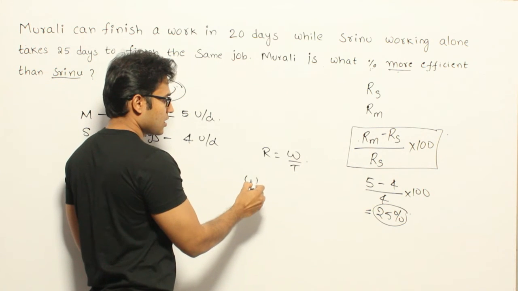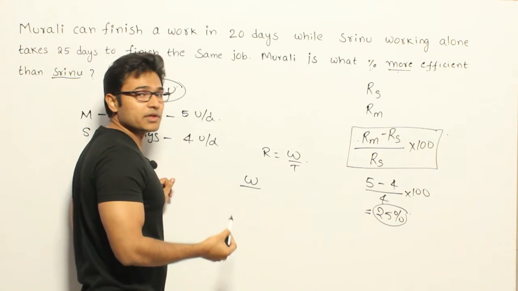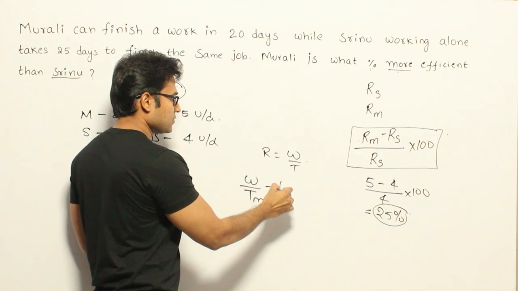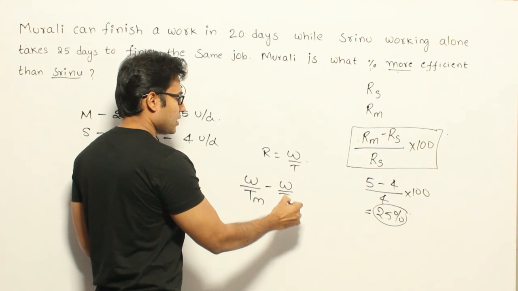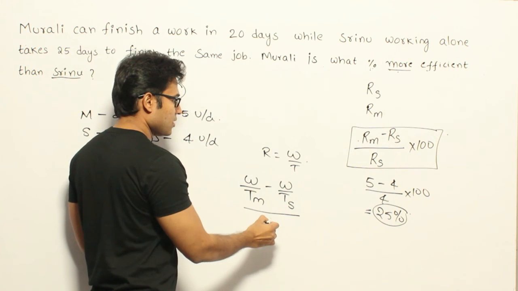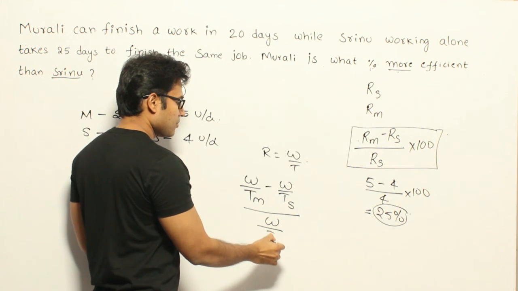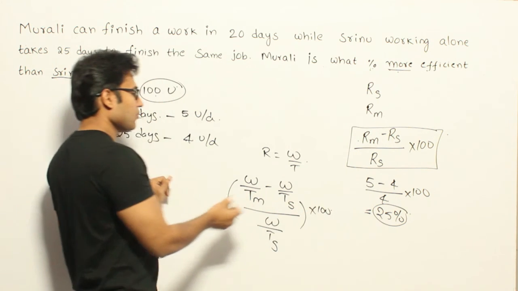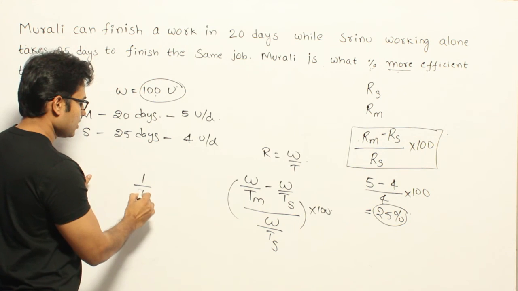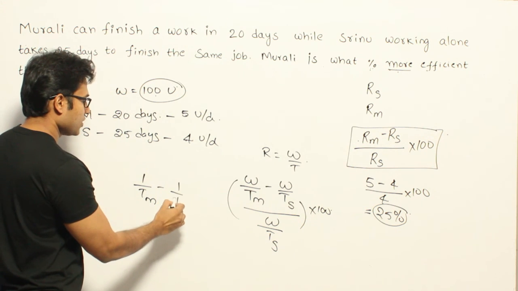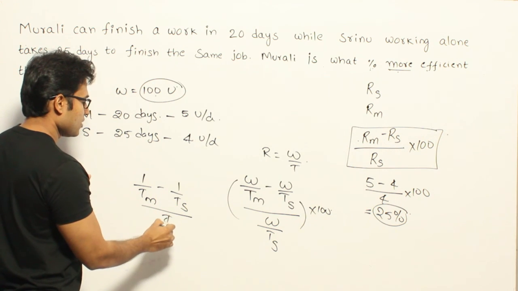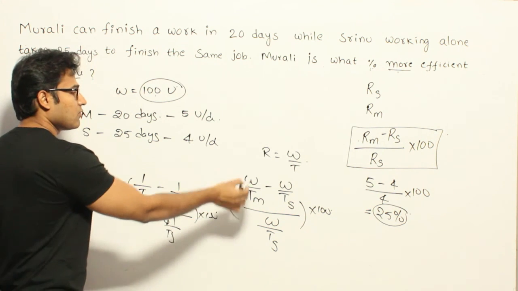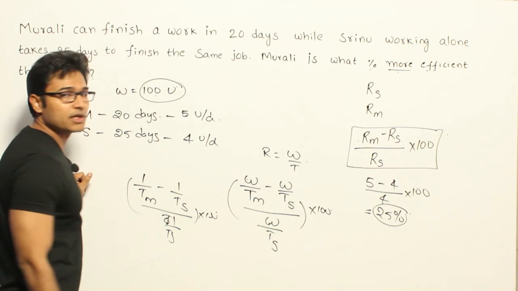So work, if you assume that work is W units, divided by time taken by Murali, minus work divided by time taken by Srinu, divided by work divided by time taken by Srinu, into 100. Therefore it is going to be 1 by Tm minus 1 by Ts, divided by 1 by Ts, into 100. So whatever value you imagine here doesn't really matter.